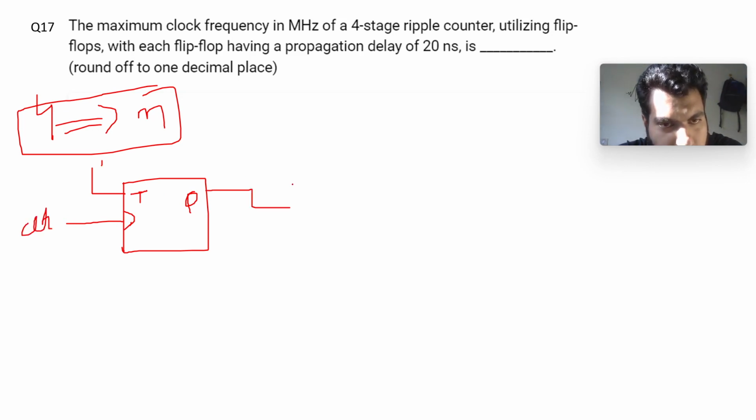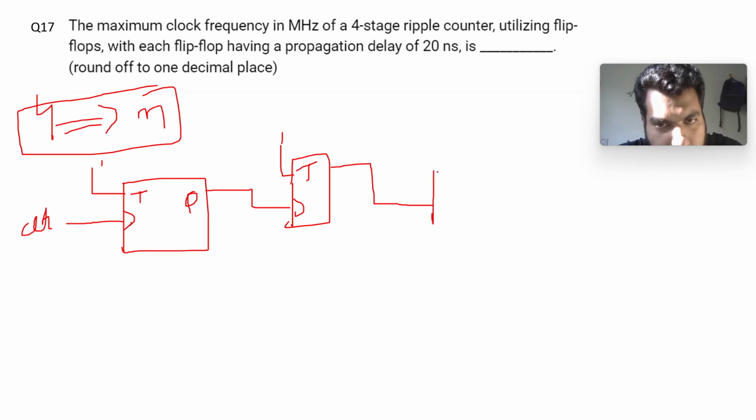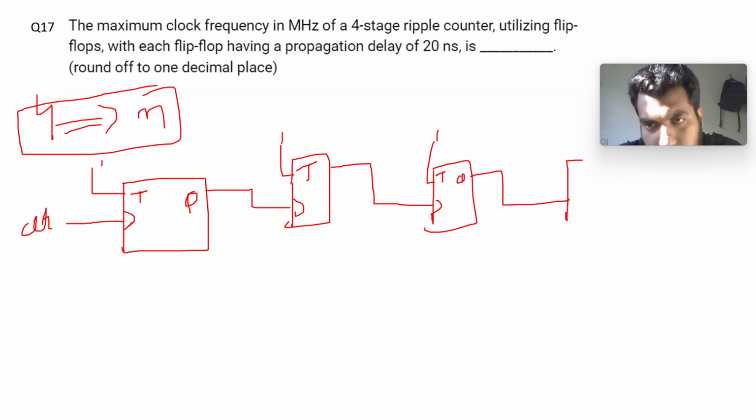Then this output is connected to the clock of the next one, with T equal to 1. Then this is connected to the next, T equal to 1, and then this is connected to the next, T equal to 1.